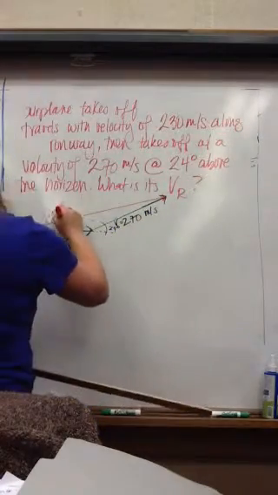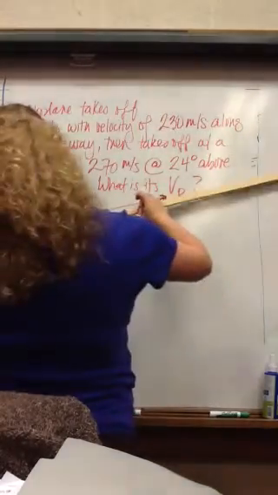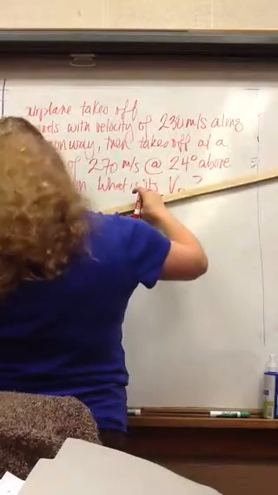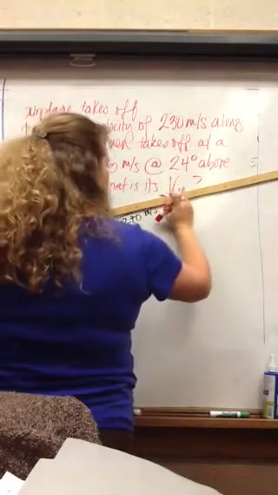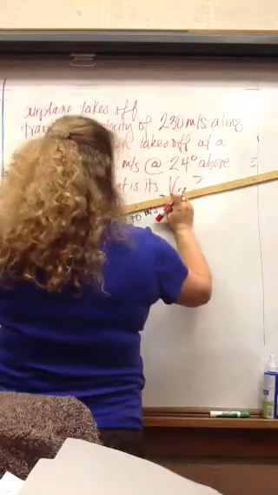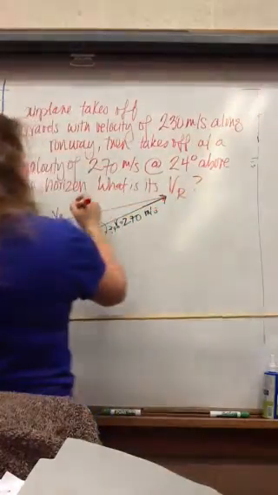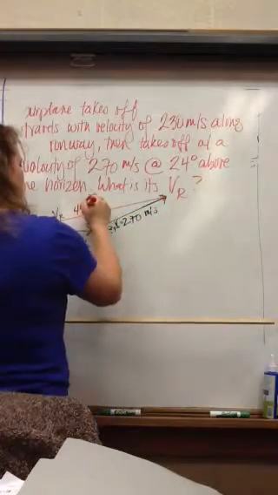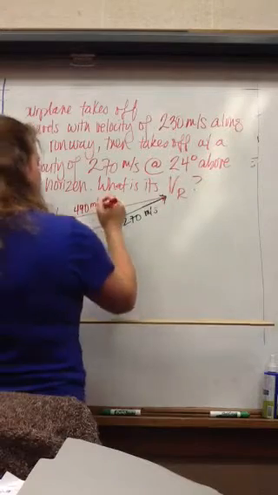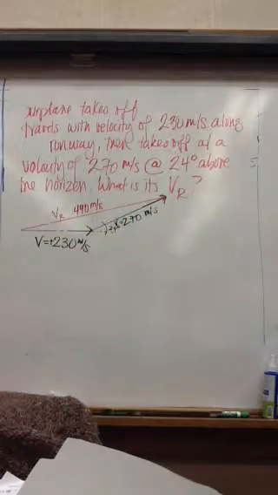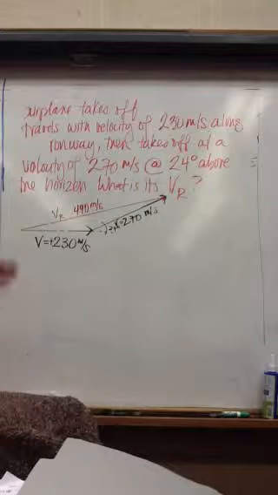Okay, so this is my resultant, and for a magnitude of my resultant, I get 490 meters per second. Now here's the part I want you to be really careful about. That's the magnitude of the resultant. That part's pretty easy. What's the direction of the resultant?